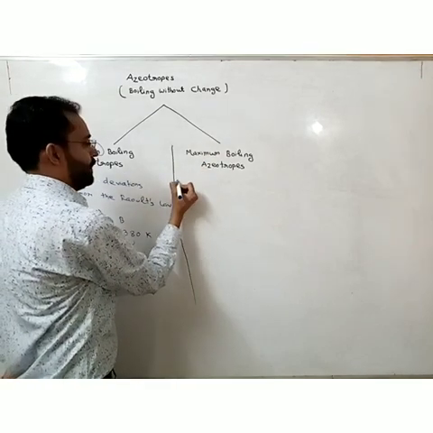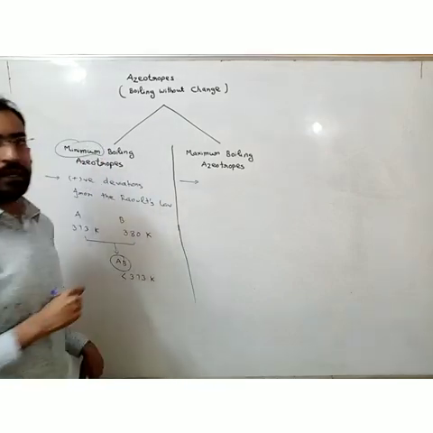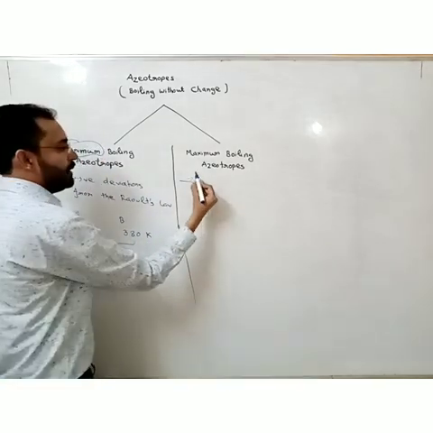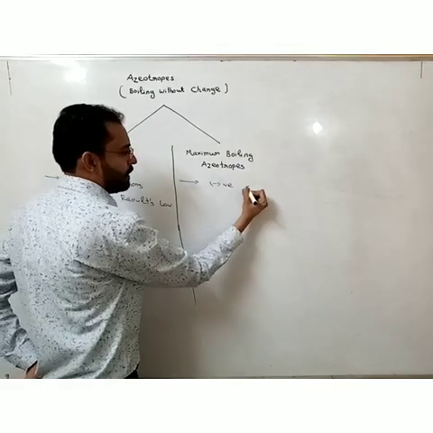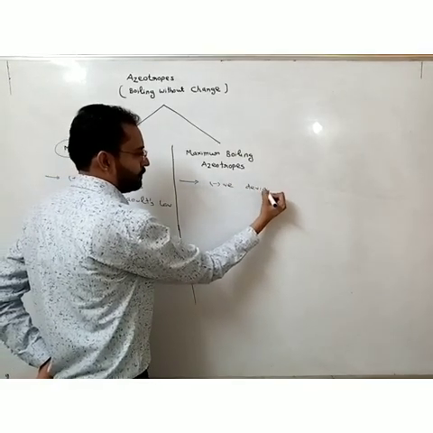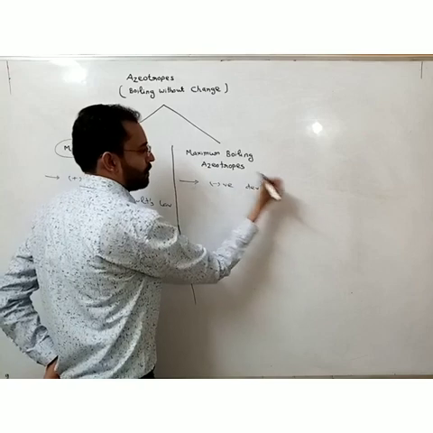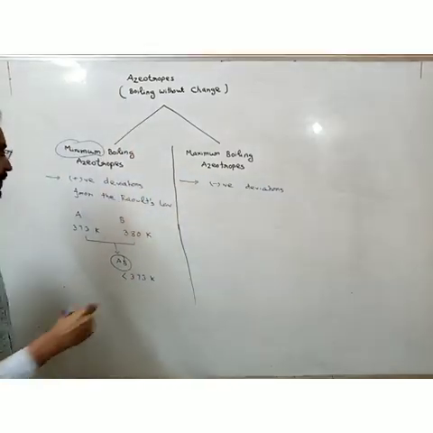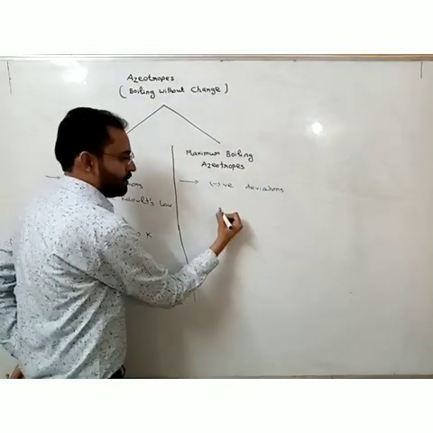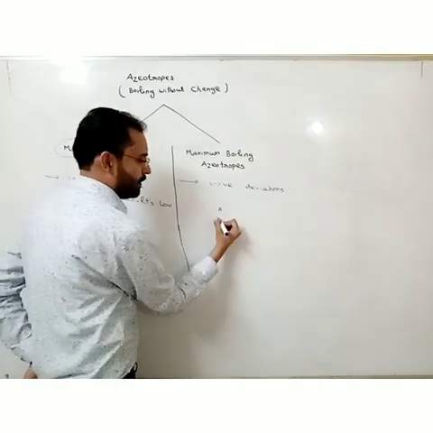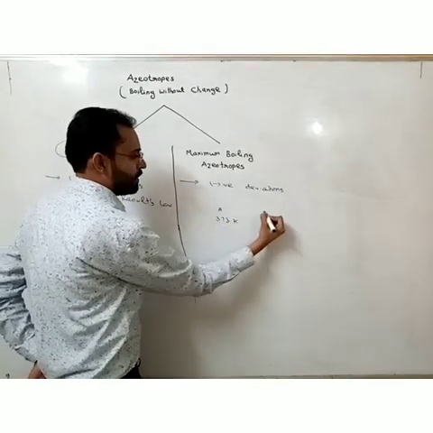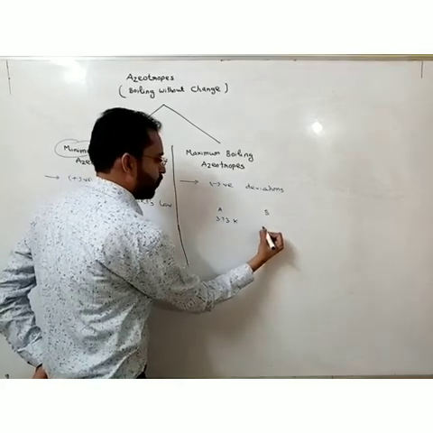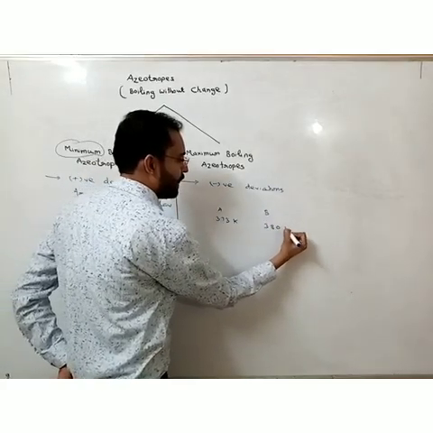On the other hand, maximum boiling azeotropes. These are the solutions which show negative deviations from Raoult's law. Suppose we have solvent A with boiling point of 373 Kelvin, solute B with boiling point of 380 Kelvin.